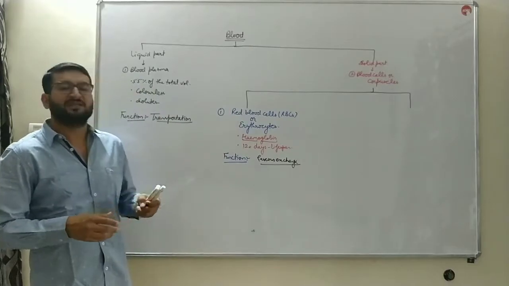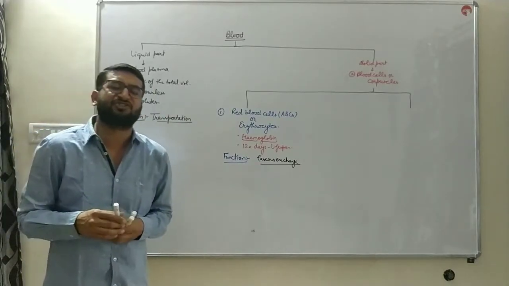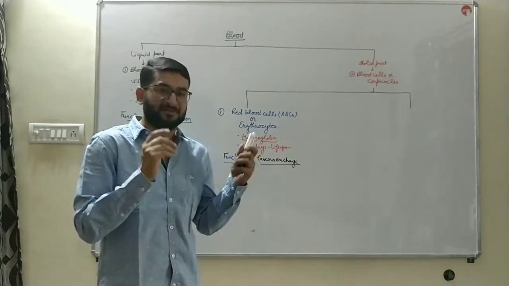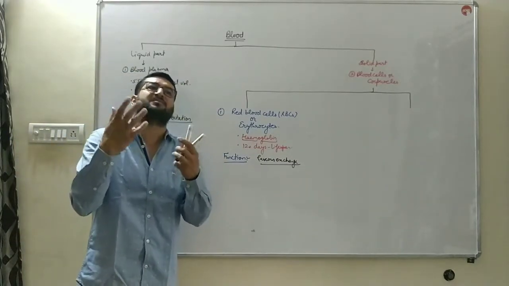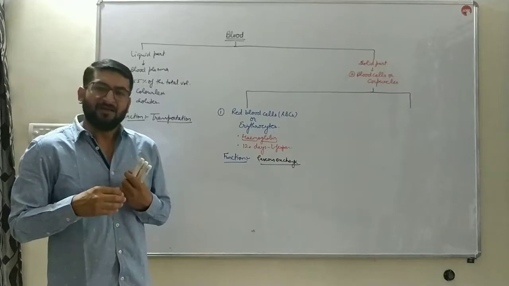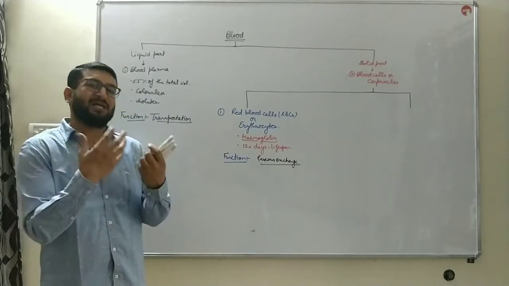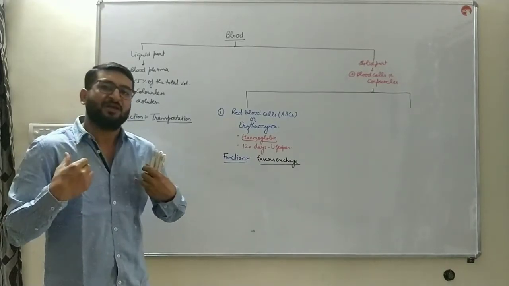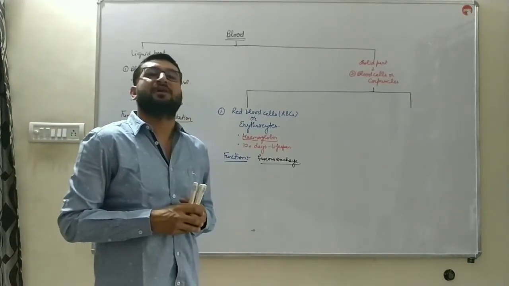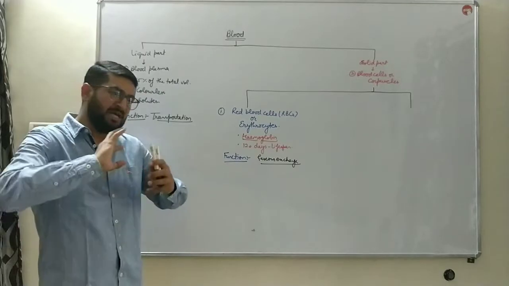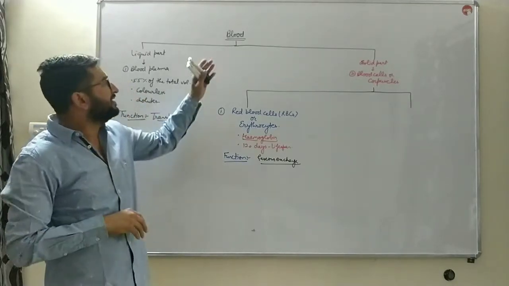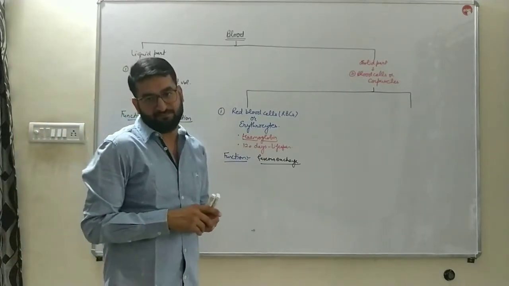So when the deoxygenated blood, the blood which contains carbon dioxide, goes to the lungs, hemoglobin gains the oxygen from the lungs, and the blood primarily releases the carbon dioxide into the alveoli of the lungs, that we had studied in respiration. So this exchange of gases is majorly played by the blood.